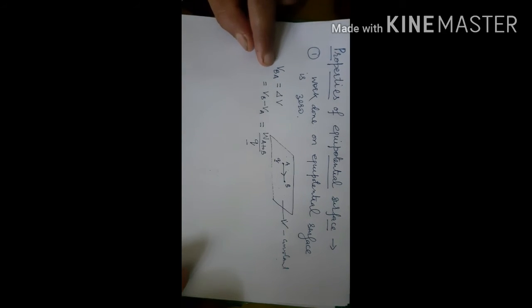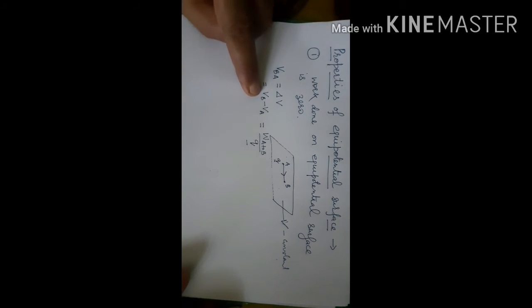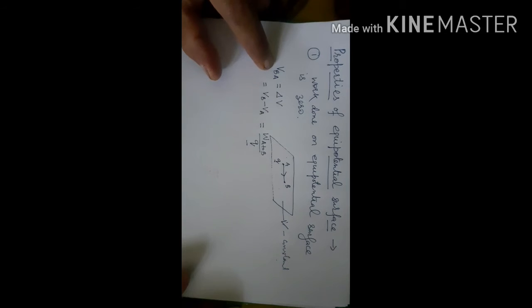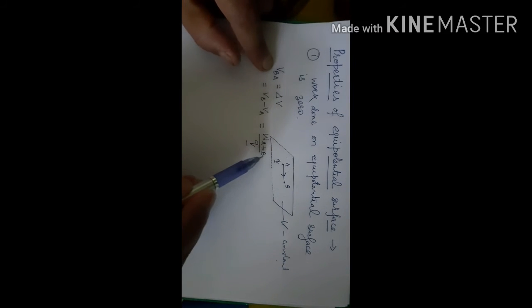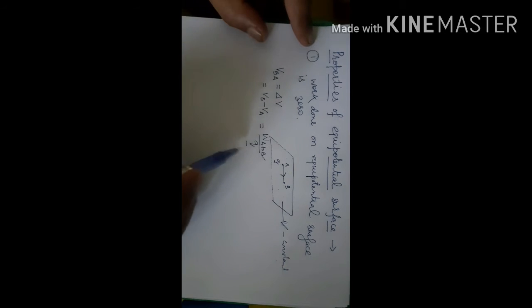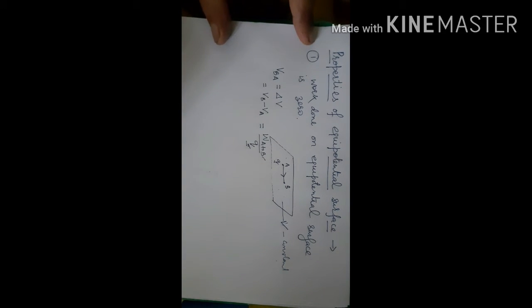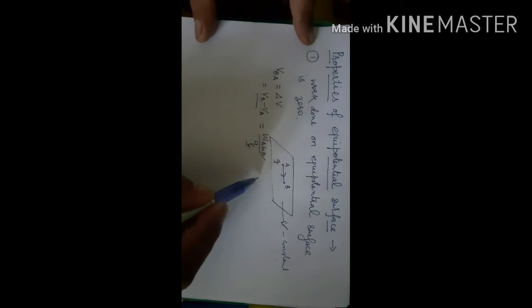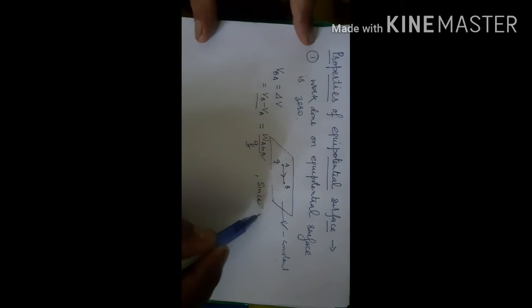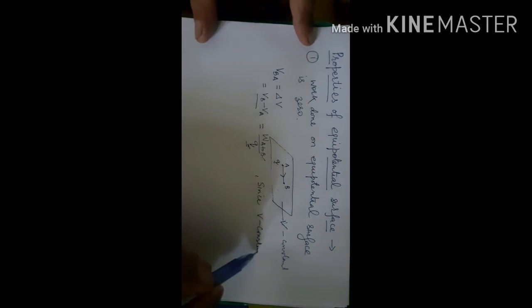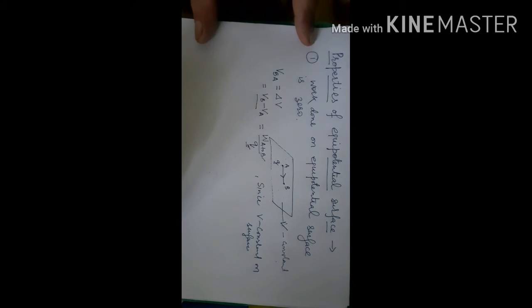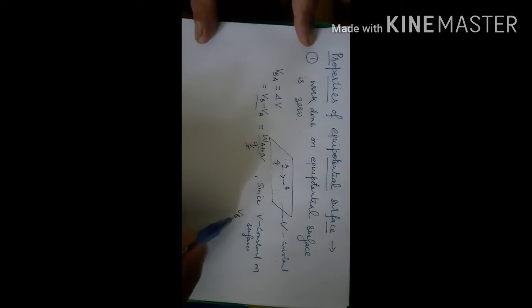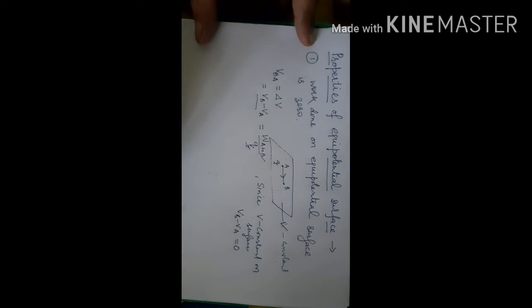The electric potential of B with respect to A, that is the change in potential, is nothing but the potential of B minus the potential of A. According to the definition, the potential difference is equal to the amount of work done to move a charge from A to B per unit charge, Q. Since V is constant on the surface, and A and B both lie on the surface, VB minus VA is equal to 0.